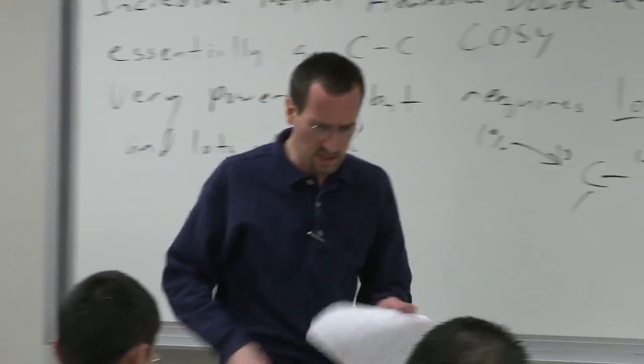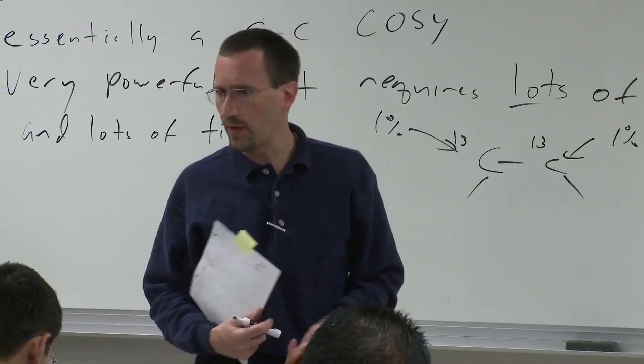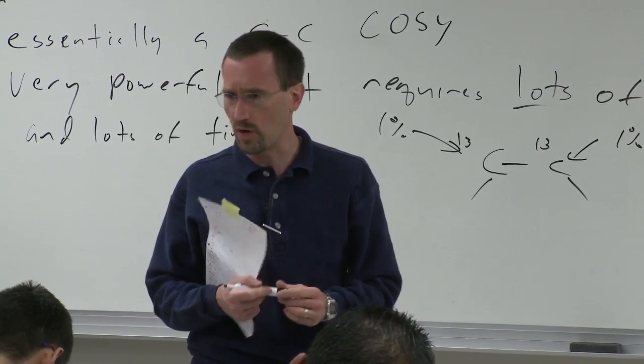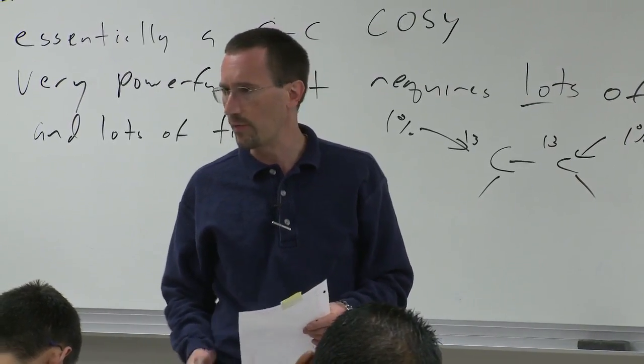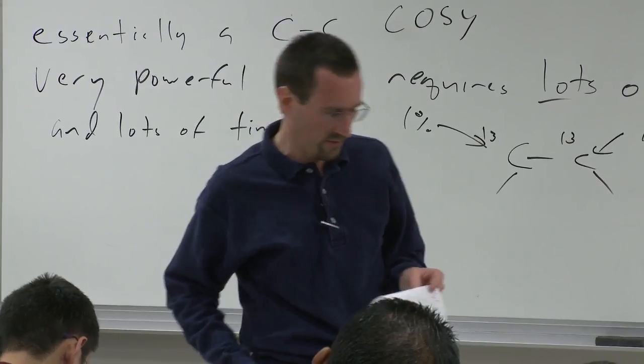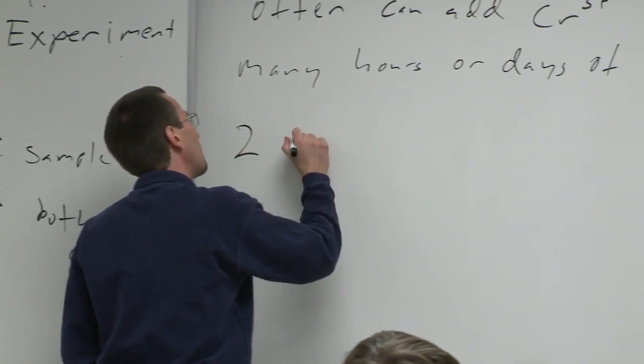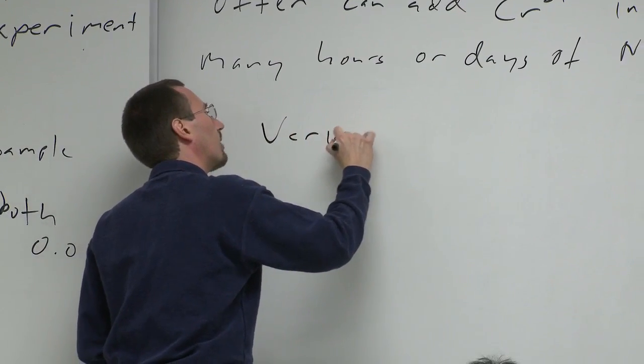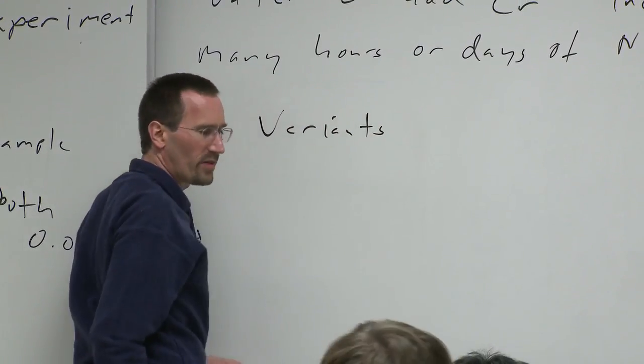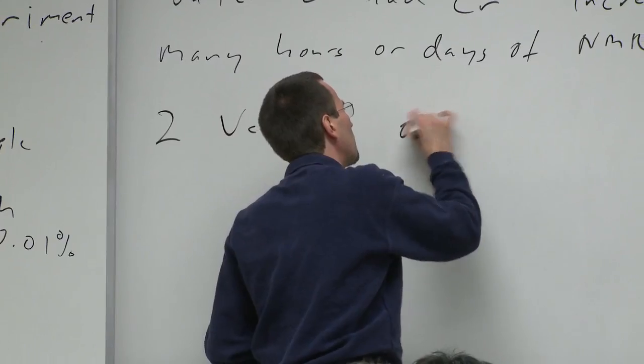I want to walk us through one example and then get you started. We have 2 homework problems that have INADEQUATE, and I want to get you started on one of them. There are 2 variants of the experiment, just different variations in pulse sequence.